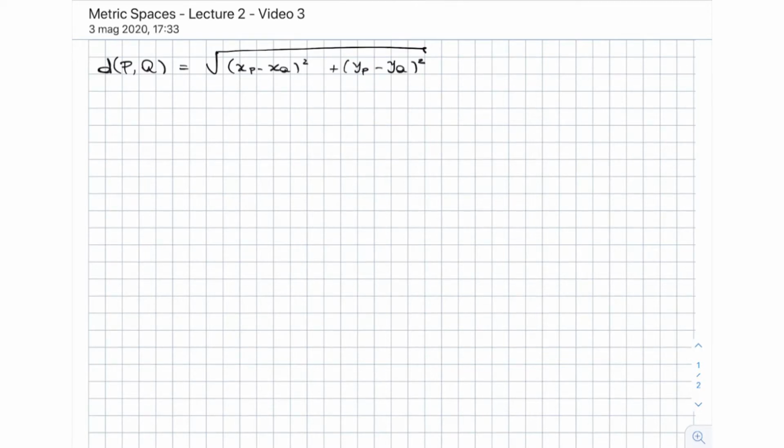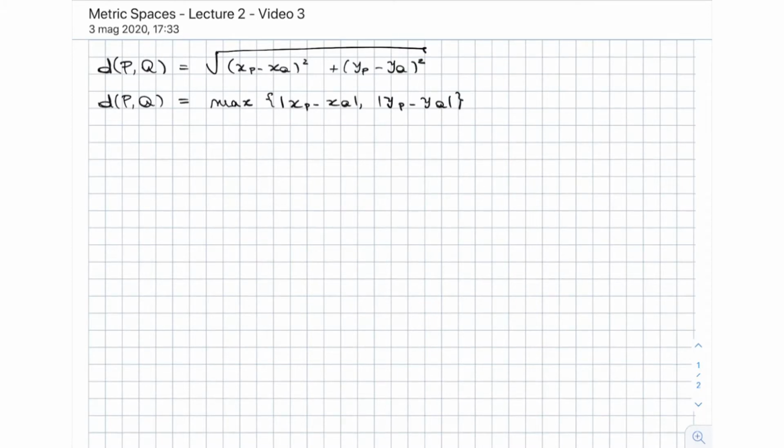And the other one says that the distance between P and Q is given by the maximum of the absolute value of xp minus xq and the absolute value of yp minus yq. In both cases, we saw that the length of the segment connecting P and Q is exactly equal to the distance between the points P and Q.